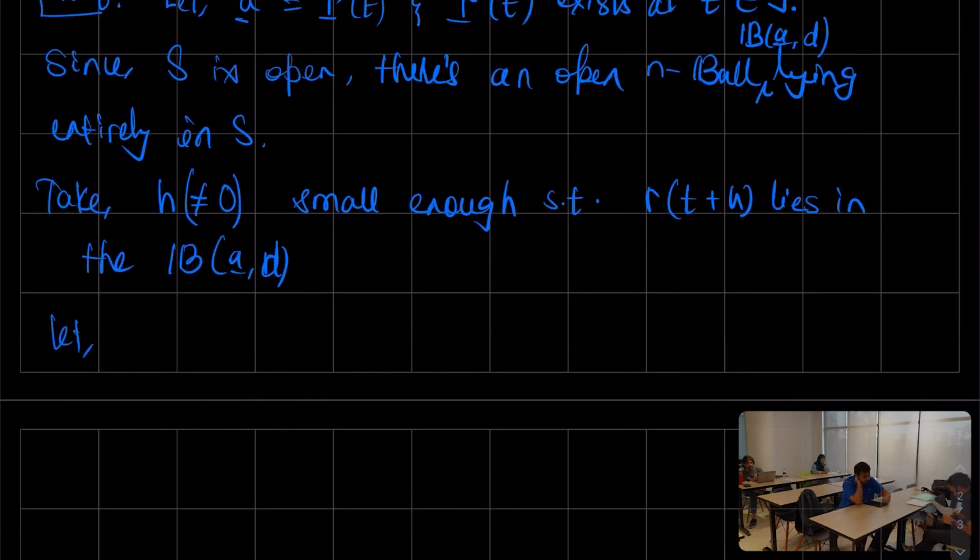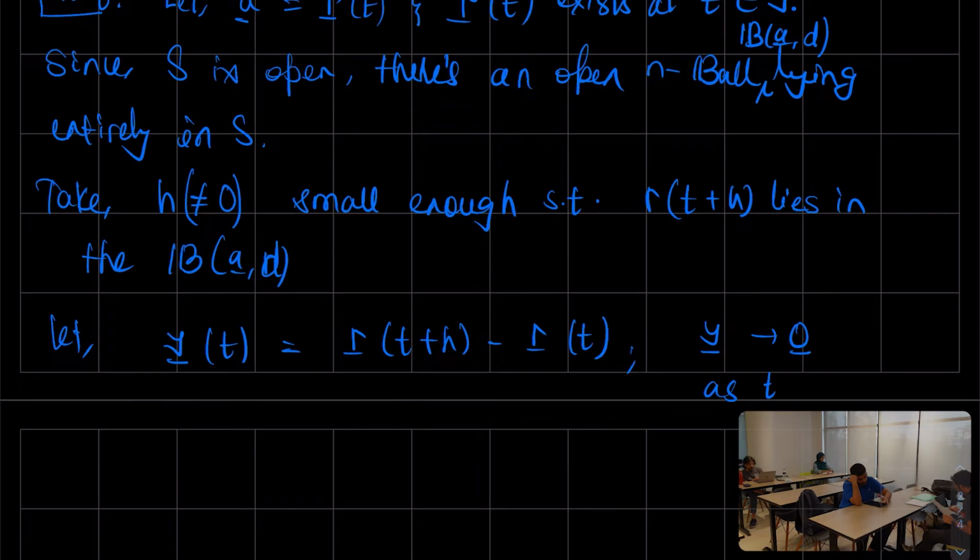So let y of t, there'll be a lot of lets here. And from here we can see y tends to 0 vector as h tends to 0.